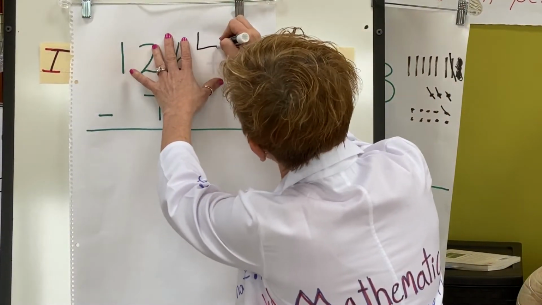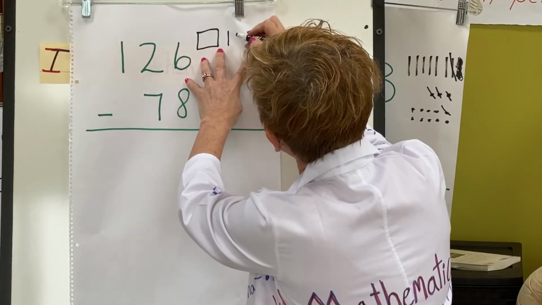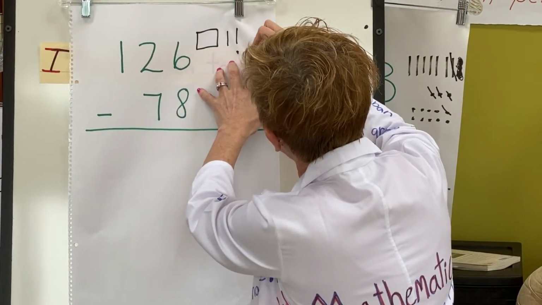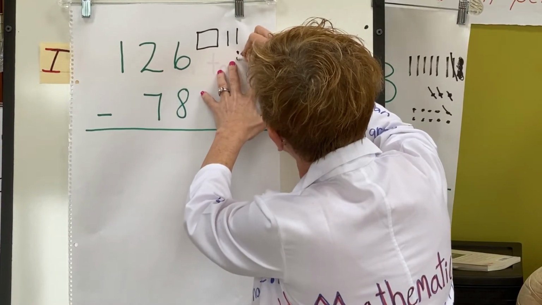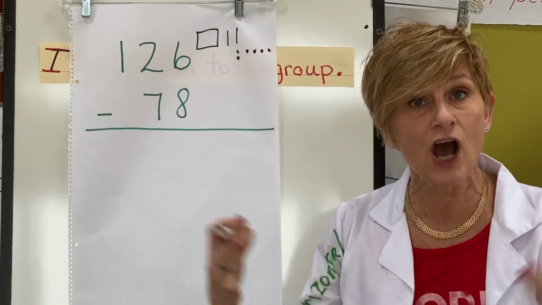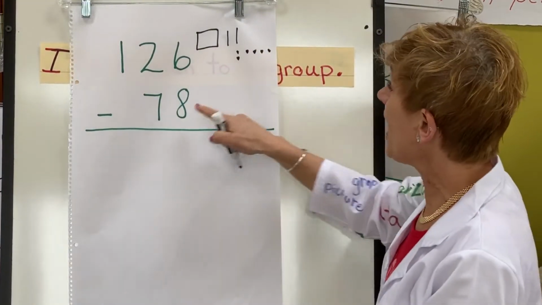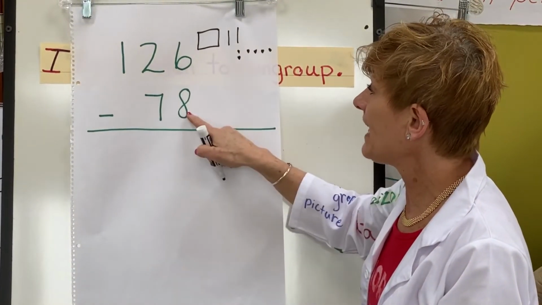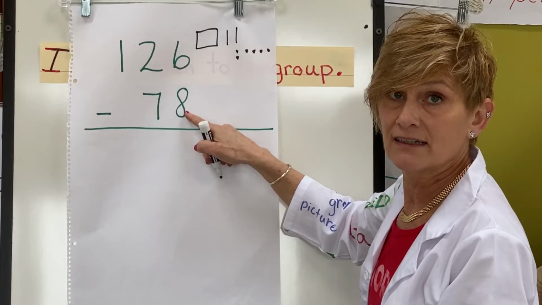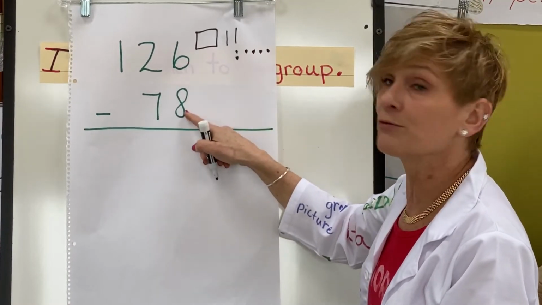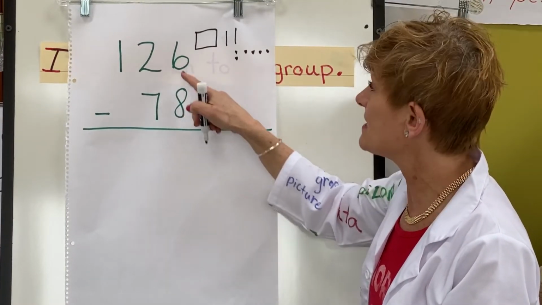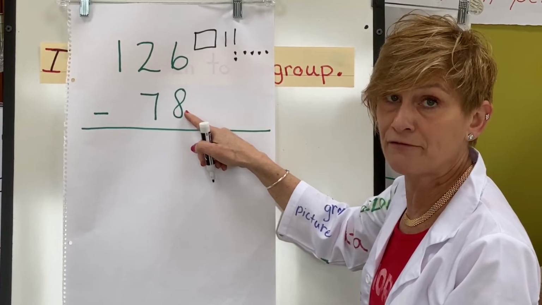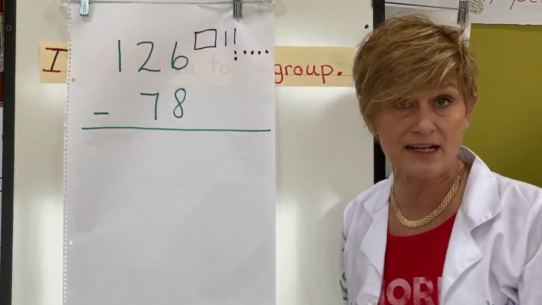I can make a picture of 100, 10, 20, and my 6 ones. Do I have enough? Let's see. I have 6. Can I get 8 out of there? I need to ungroup, don't I? Because there is a greater amount on the floor. I need to ungroup next door.